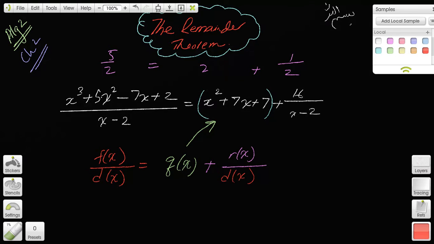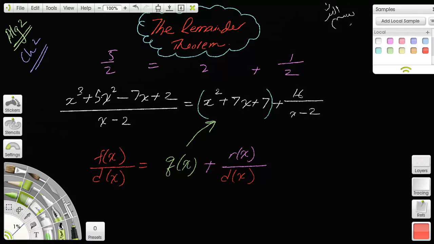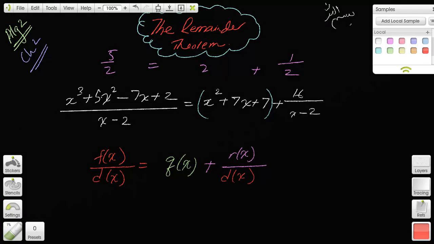So the terminology that we first need to appreciate is, let me just get rid of this. Now that's the function. This is just the function, and this is the divisor. That's the quotient, and this is the remainder.